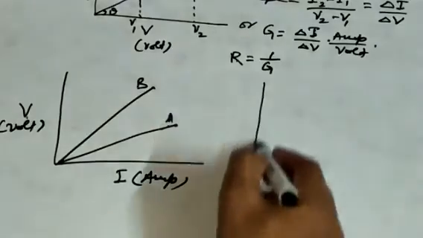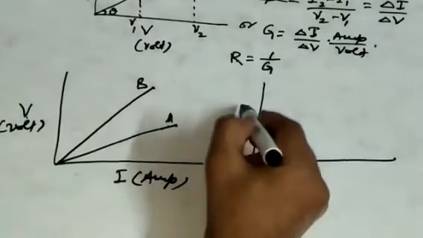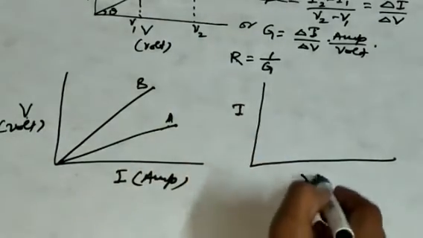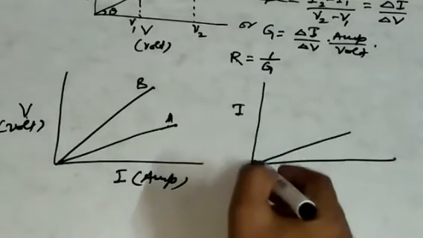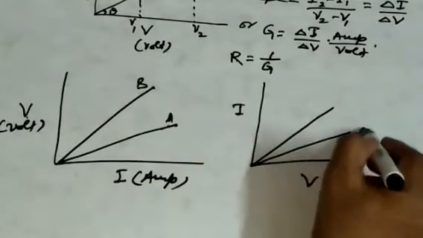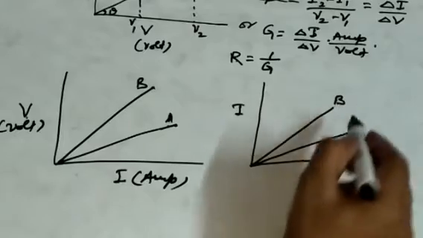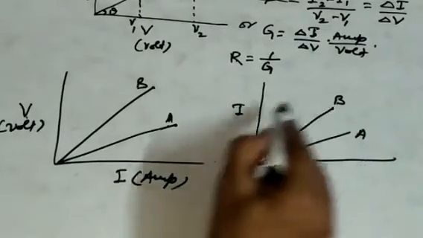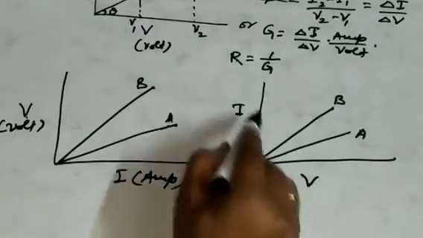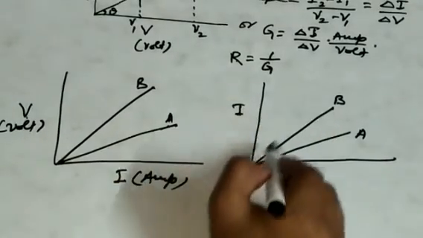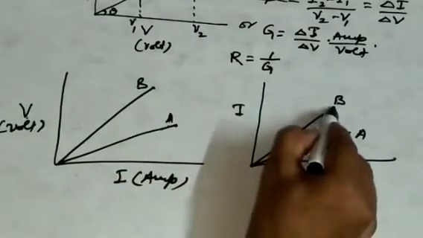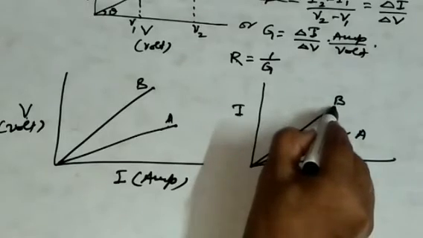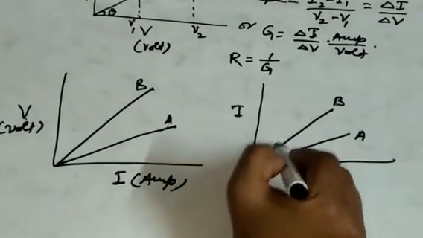But if the same graph is given as I versus V, and suppose this one is A and this one is B. Now here the slope of B is more, and this is an I versus V graph, and if the slope of B is more, it means conductance of B is more, and if conductance of B is more, its resistance is less.